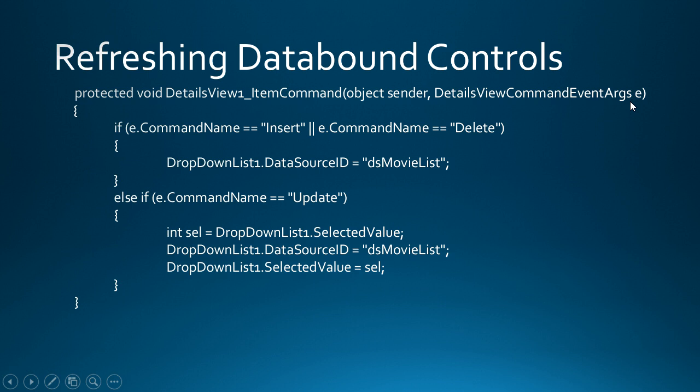Okay, this little E object in this case is of that type. So we can check the command name property, right? If it's insert or delete, then all we really want to do is update the data source. Tell it to refresh its data. The reason why I have an else if here is, what if we've just updated? Then it's a little disconcerting. Whenever we do this, okay, just reassign the data source, it'll go back to the first record, right?